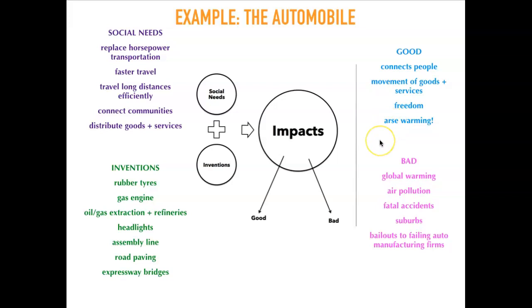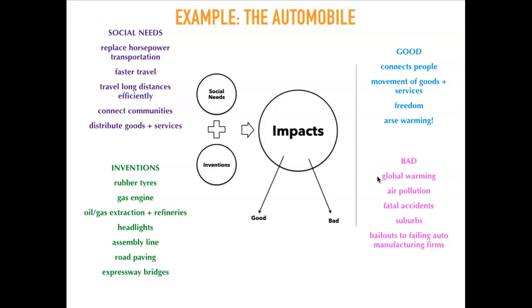Moving on to the bad consequences. Well, because of the popularity of the automobile and the design of the automobile is something that uses fossil fuels and creates rather large amounts of emissions of those fossil fuels in a different form, we do have the consequence of global warming.